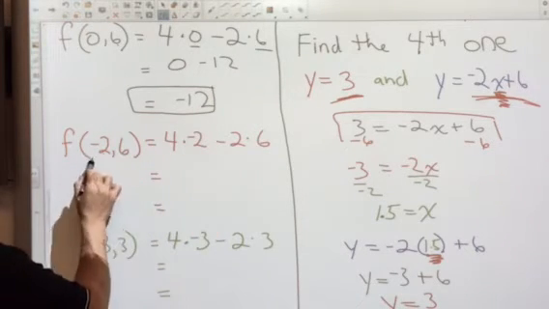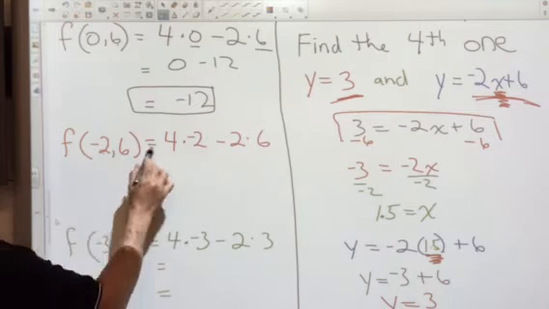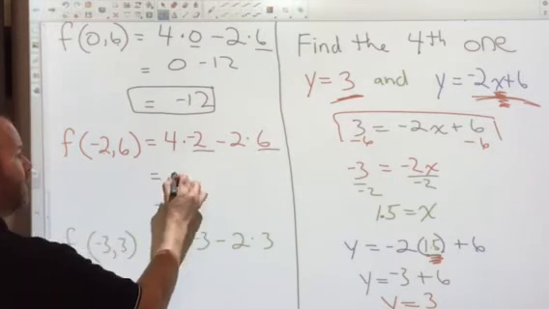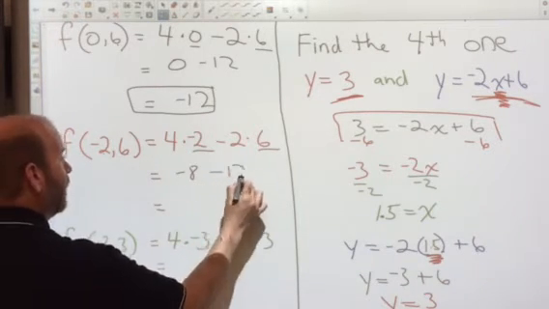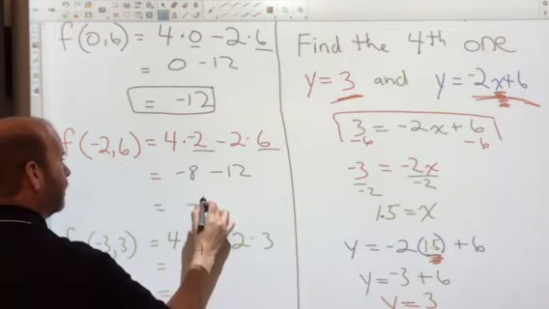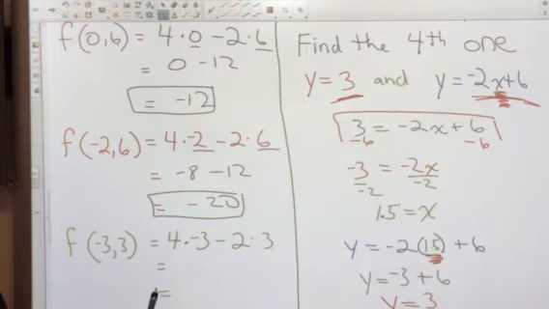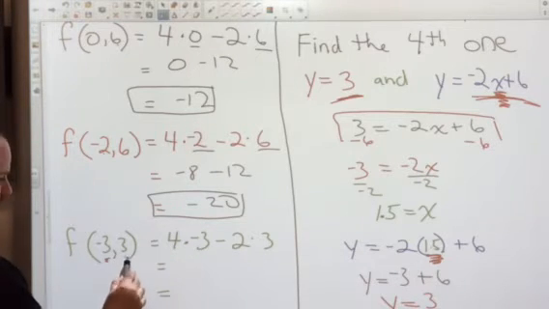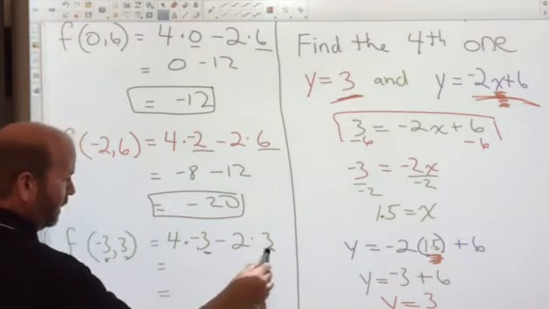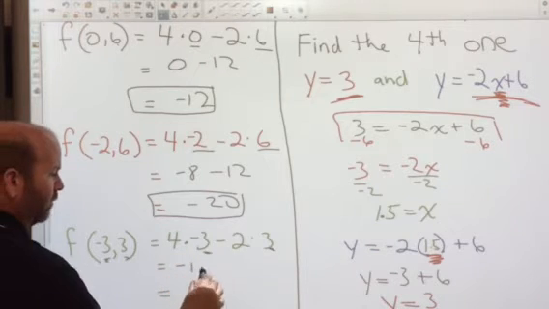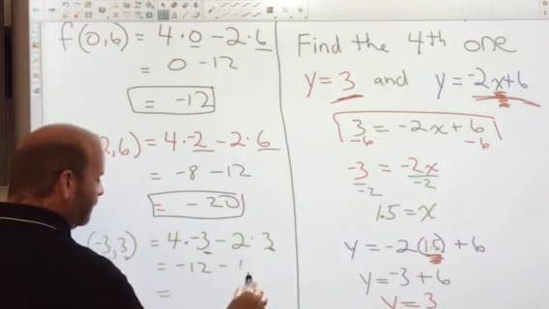Plug in negative 2, 6 for f of x, y. Negative 2 for x, 6 for y. Negative 8 minus 12 is negative 20. So a second value that could be a minimum or maximum. Negative 3, 3 plugged in for x and y. Negative 12 minus 2 times 3 is 6.